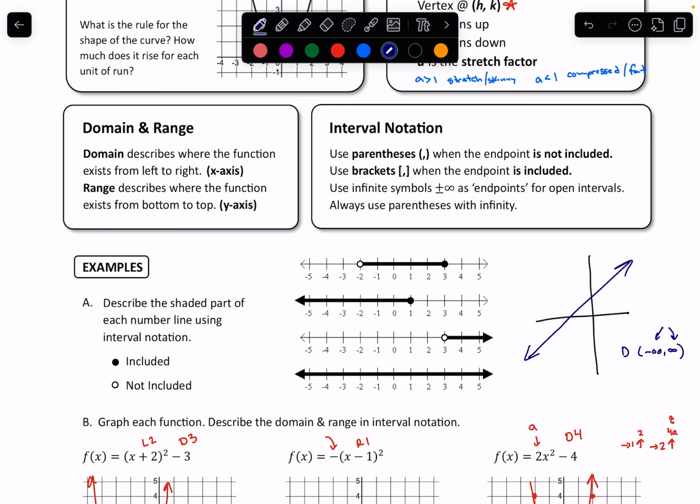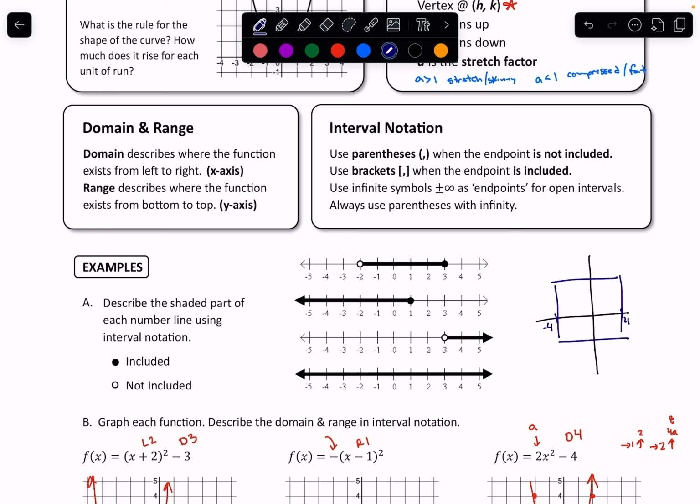If I don't have a line, if I had a different shape, let's just say my function is a rectangle. And this value right here is -4, and this value right here is +4.